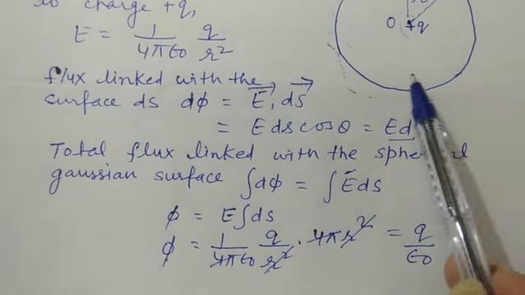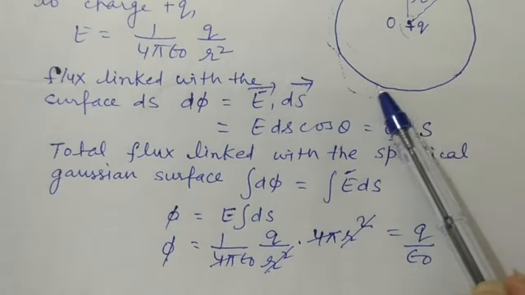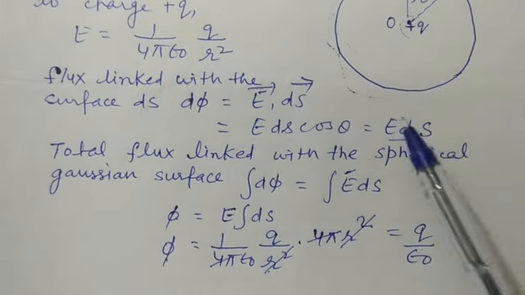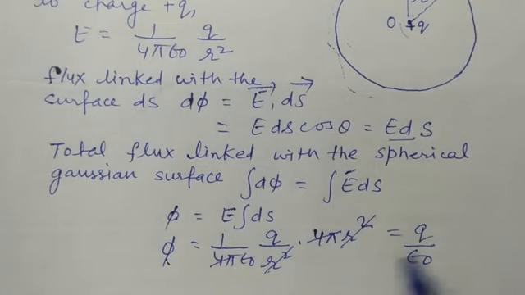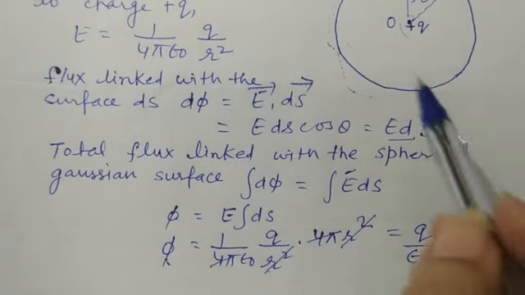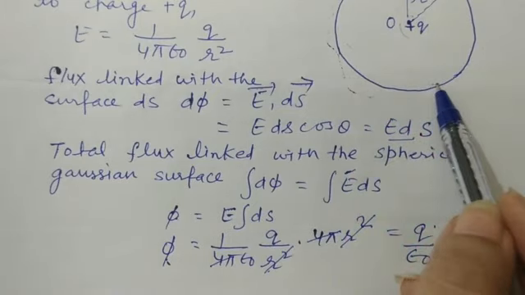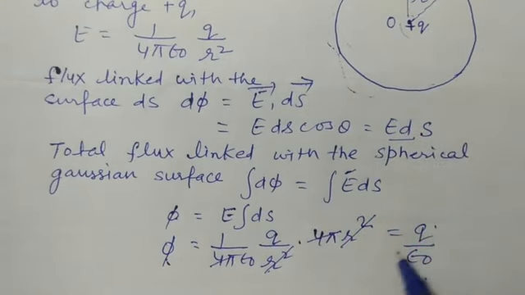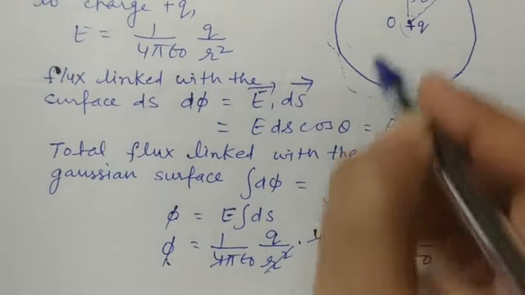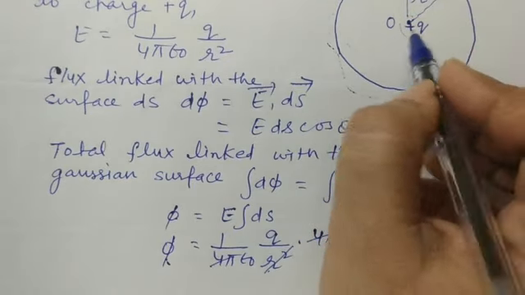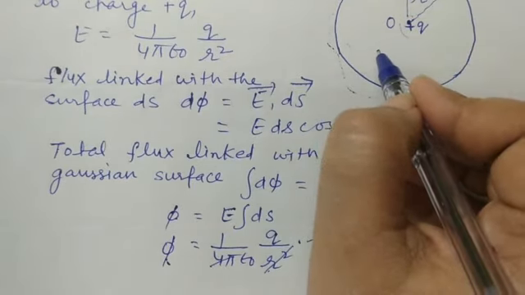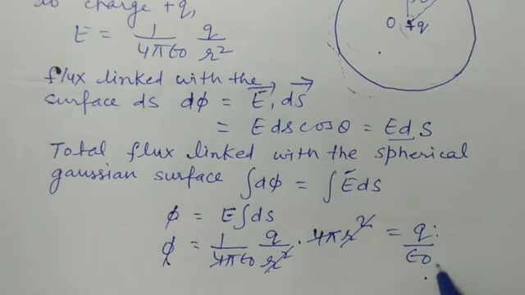If I take a shape of this Gaussian surface other than spherical, then also we can prove that phi will be Q upon epsilon naught. But because a spherical surface is the convenient surface, we have chosen this as the Gaussian surface to prove Gauss theorem. If inside this surface there is vacuum, we write Q upon epsilon naught.